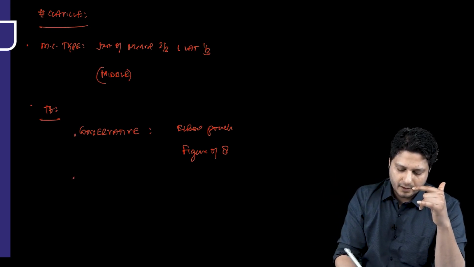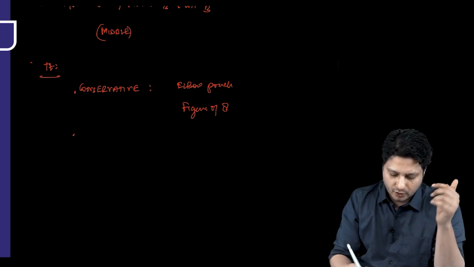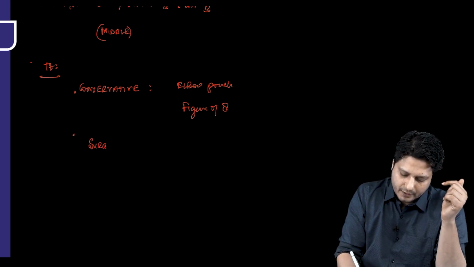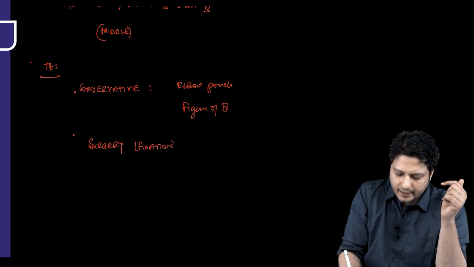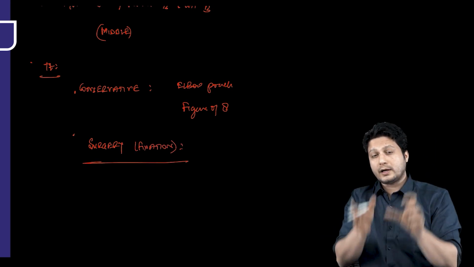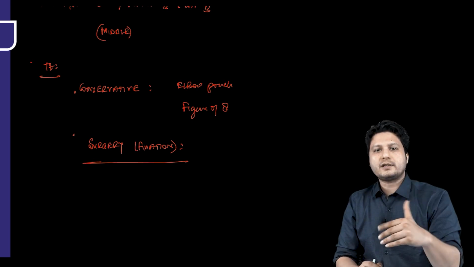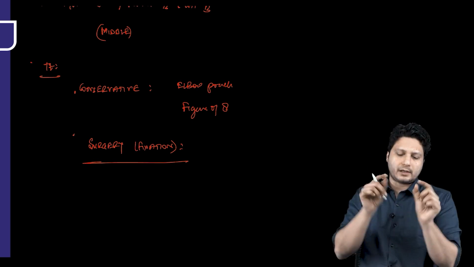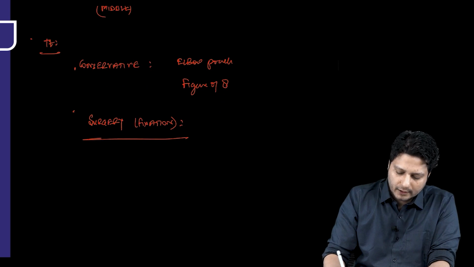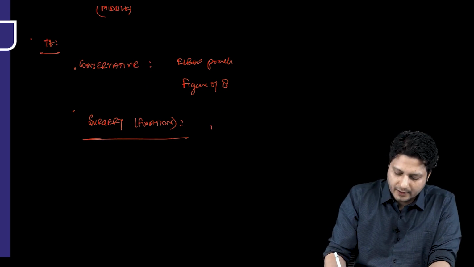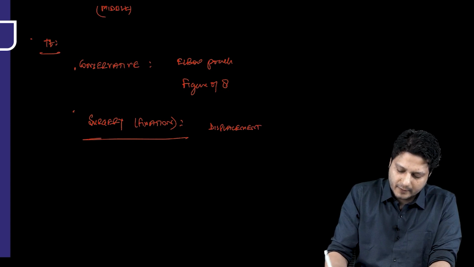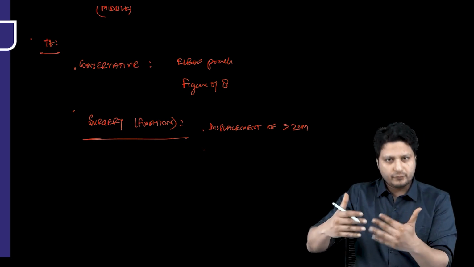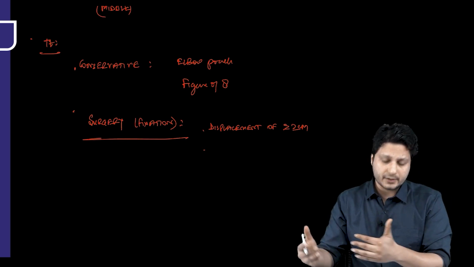Now this is conservative. Now as far as the surgical methods of fixation are concerned, surgery, that means fixation, is required only in several indications, and those indications are also relative. There is no such absolute indication for the management of the clavicular fractures by surgical fixation. So what are those relative indications? That if there is a displacement of more than 2 centimeters, that is one of the relative indications.